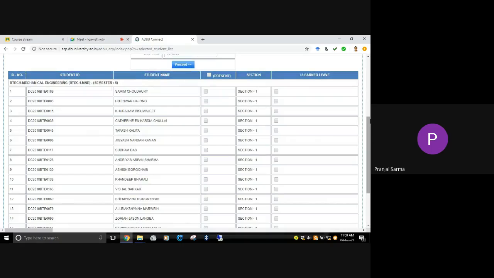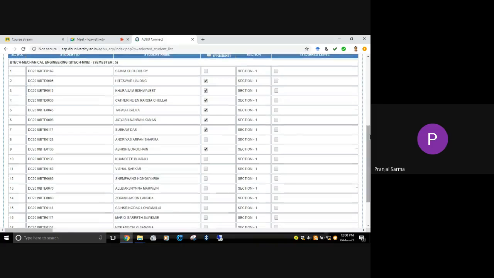Samim, Hitesh sir, I can see. Yes, Biswajit, sir. Present, sir. Catherine, I can see. Tapas, Jigyas, present, sir. Subham, present, sir. And Andreas, I think towards the very end he also joined. Okay. Asis, present, sir.